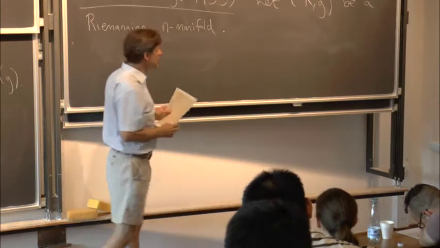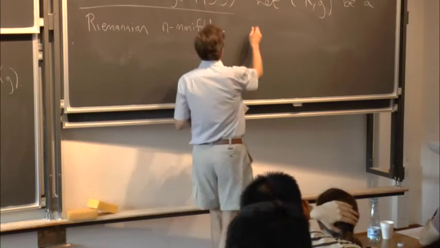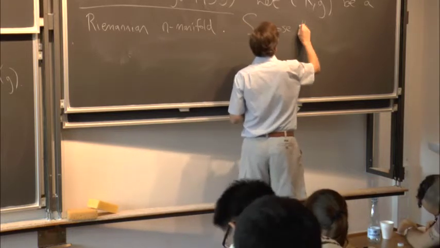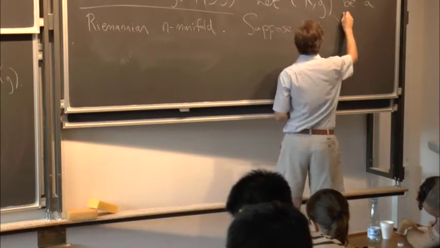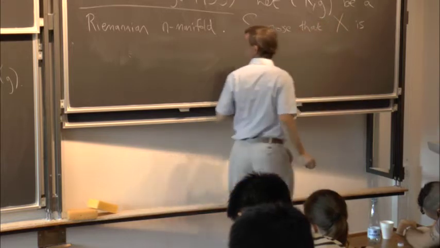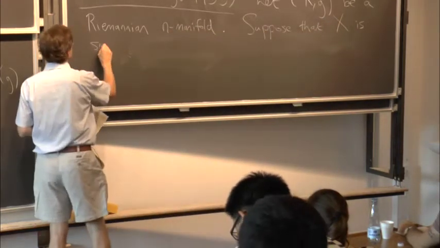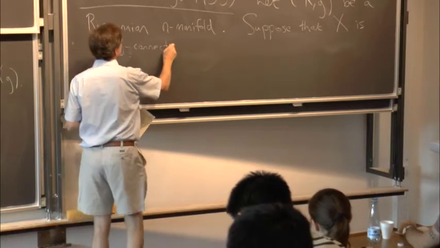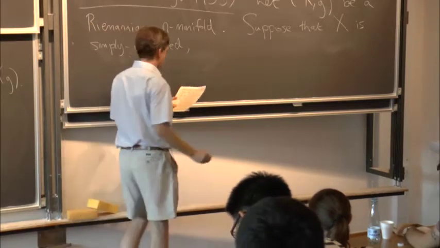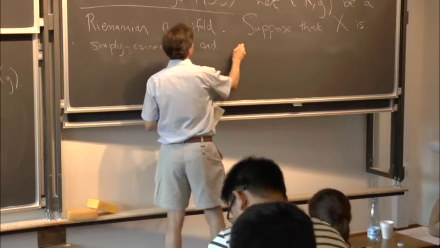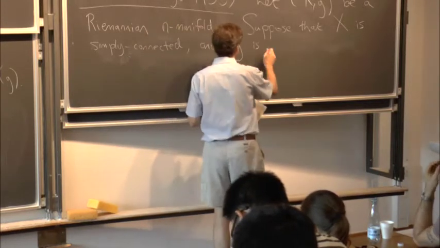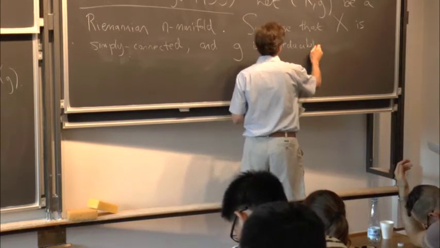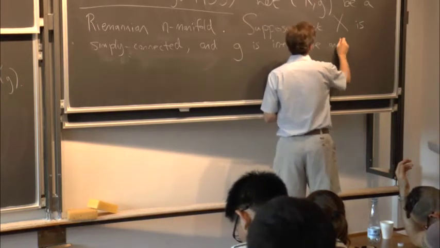And we put in some simplifying assumptions. So we suppose, firstly, that the manifold X is simply connected, and that G is irreducible and non-symmetric.